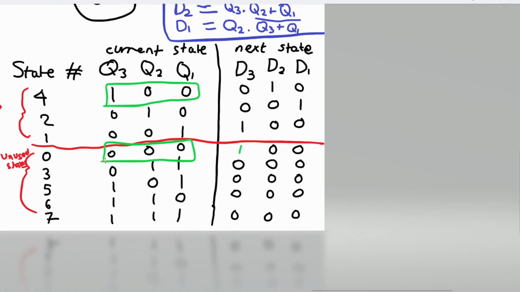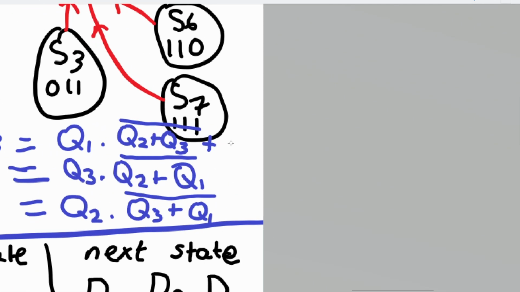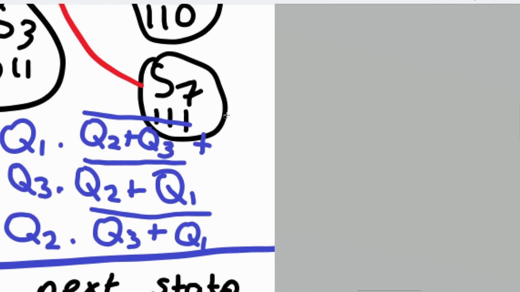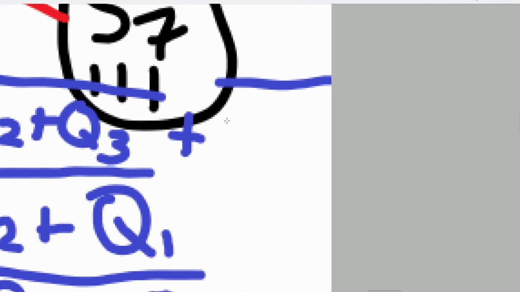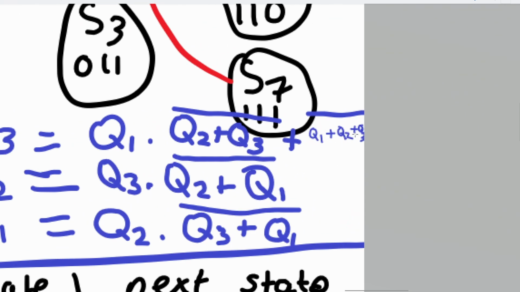That's a 3-input NOR, which will be a 1 when all of these are 0. I don't actually have enough room to do this, so let me just make it really thin. That's NOR Q1 plus Q2 and Q3.